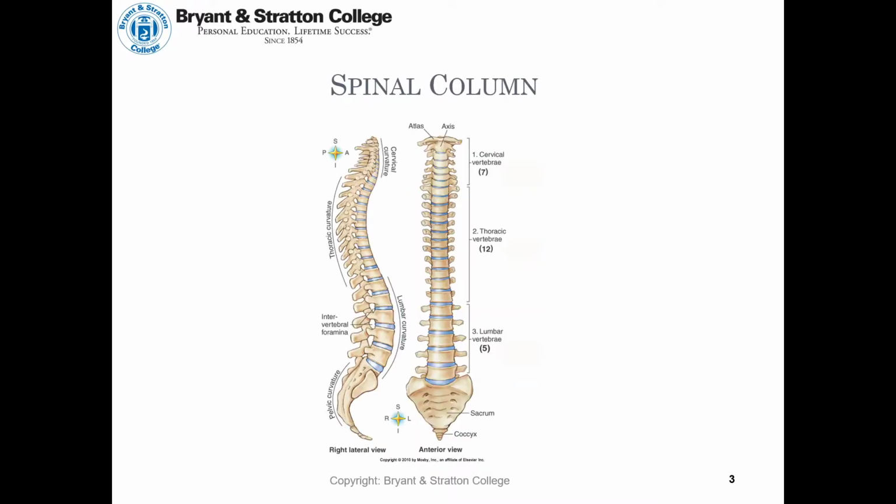Looking here at the spinal column, you have a division between the types of vertebrae. And again, vertebrae is the name of these types of bones. You have the 7 cervical vertebrae, 12 thoracic vertebrae, and 5 lumbar vertebrae.